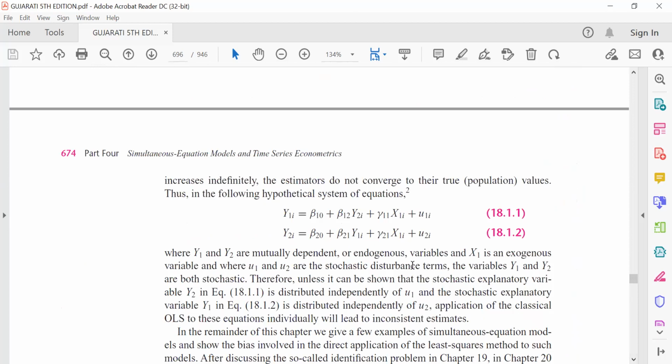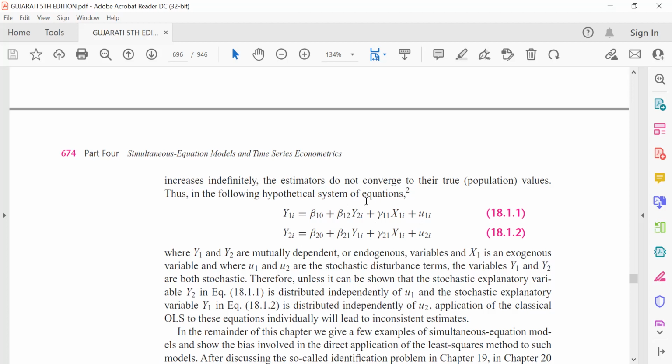Okay, for example, here we have equation 18.11 and 18.12. You can see here y1 is a dependent variable, but at the same time y1 is also an independent variable in equation 18.12, and variable y2 is also a dependent variable in equation 18.12, but an independent variable in equation 18.11.